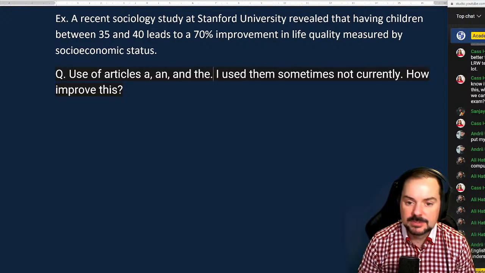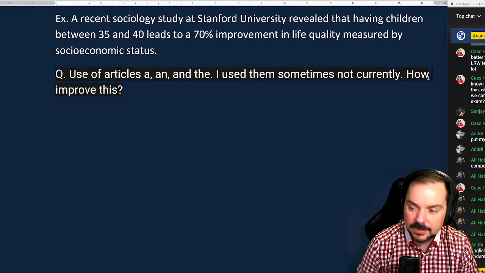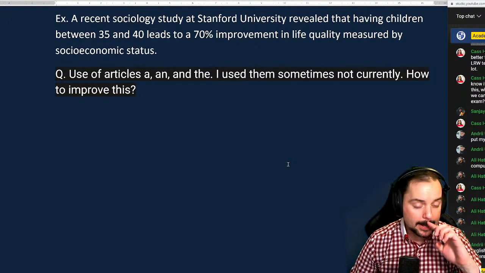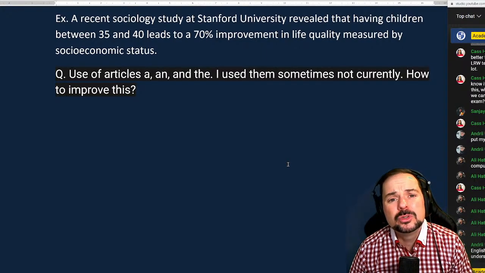I use them sometimes, not consistently. How to improve this? I'm going to think about your question as how to improve using articles. Firstly, Andre, don't worry about it too much.